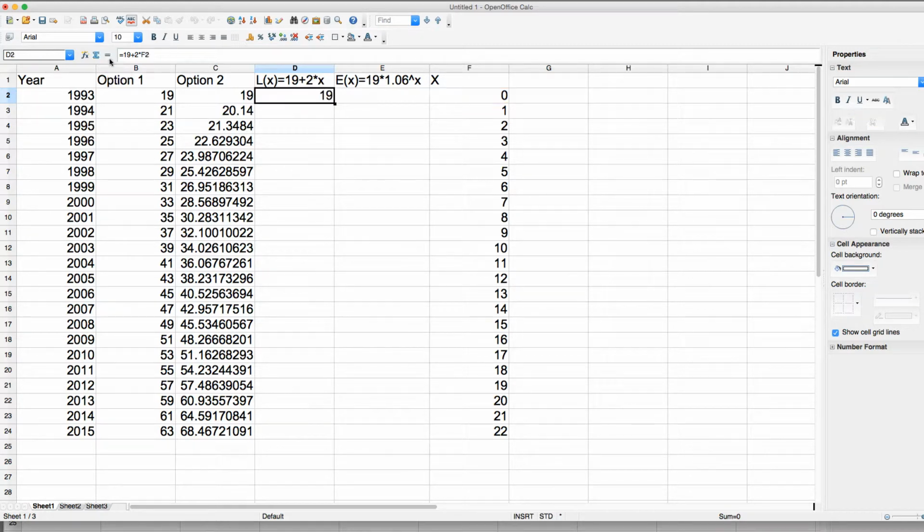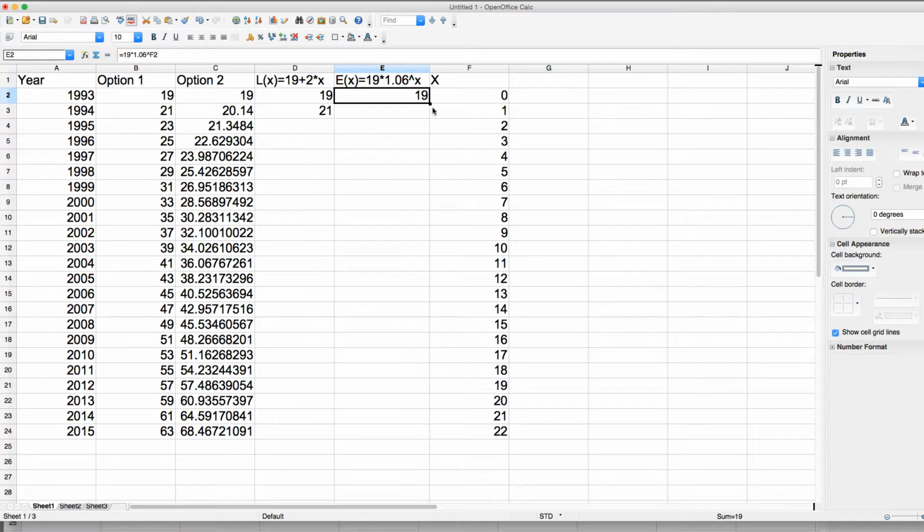Okay, so E of x is equal to 19 times 1.06 raised to the x power, and x is what I find in F2. That should give me 19, and it does. And this should give me 20.14. Good, cool. Okay, so now I've got my formulas in place.